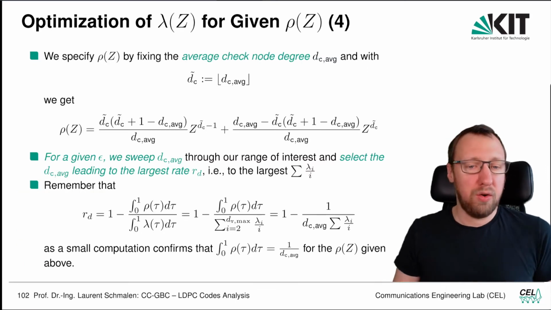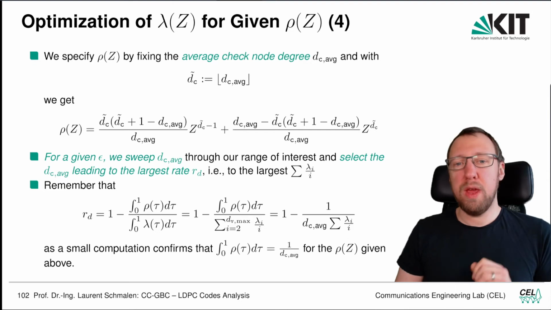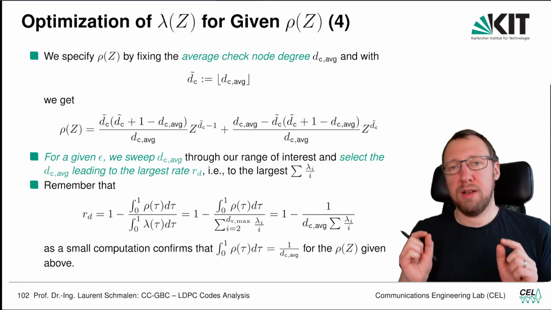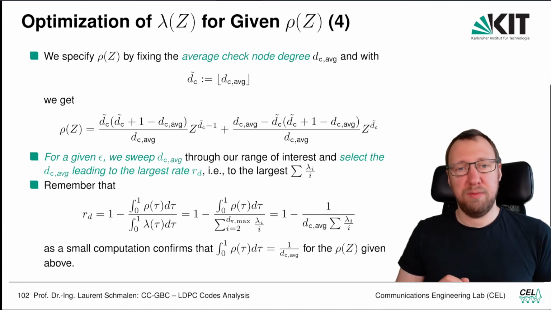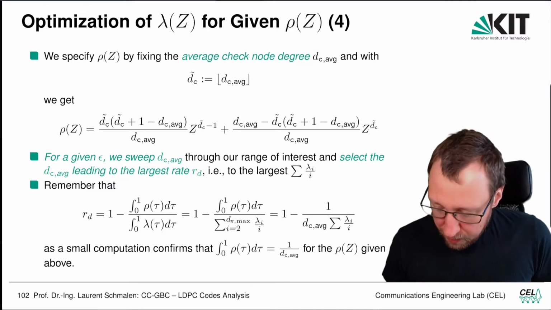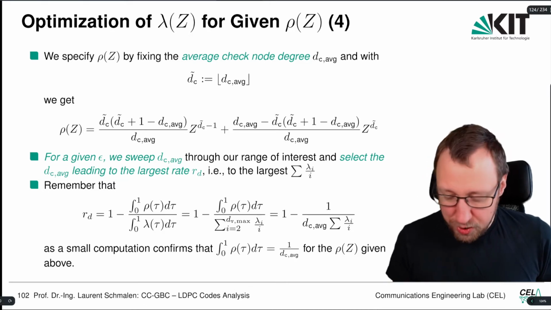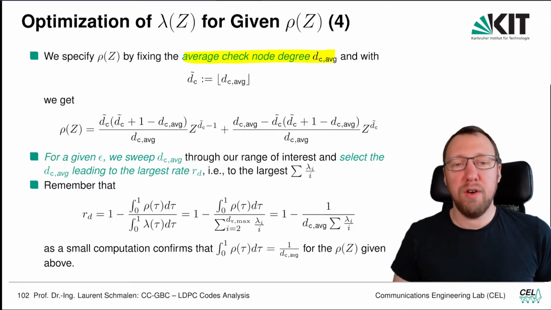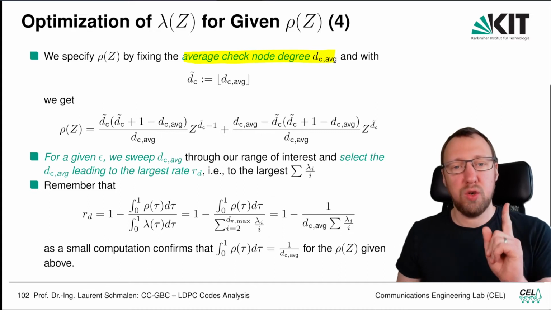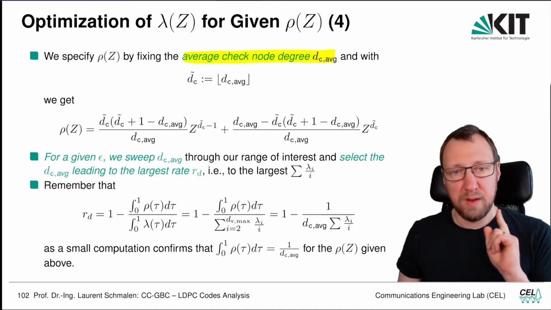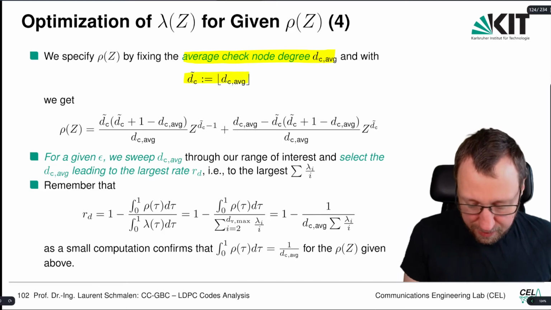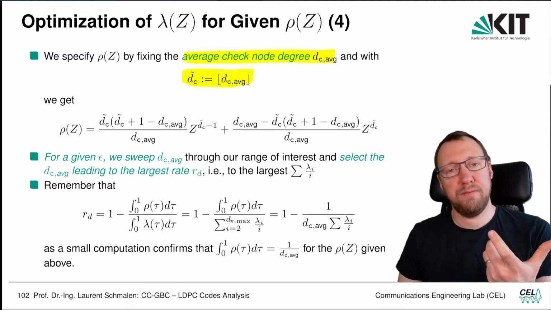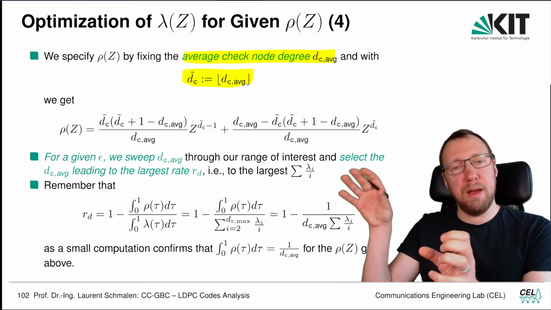So now how do we find rho of x? Well, we fix rho of x by looking at something that is called a concentrated check node degree distribution. First, we fix an average check node degree d_c average, and then we have a rho of x that contains two different degrees. We define d_c tilde as the floor of d_c average, the integer part of d_c average, so we cut off everything coming behind the comma.